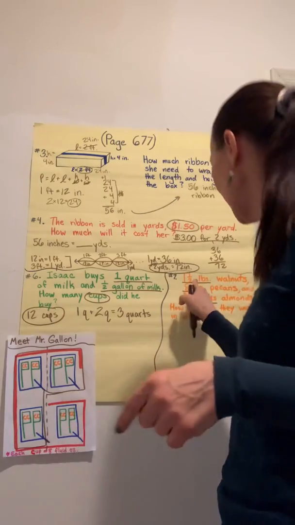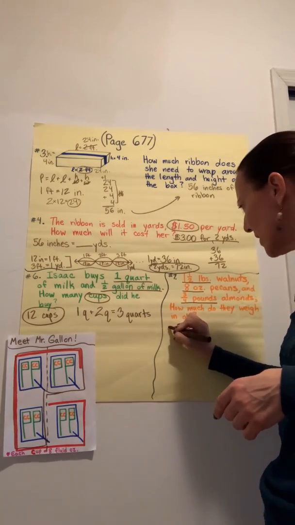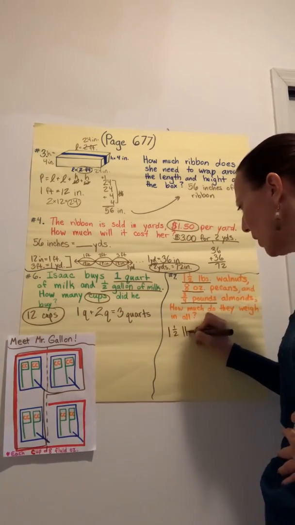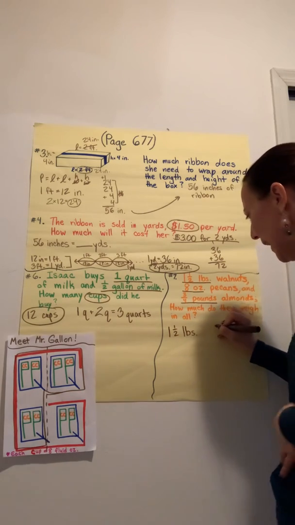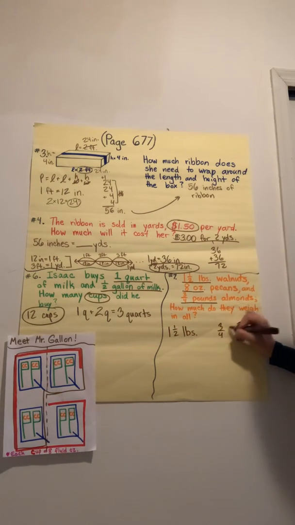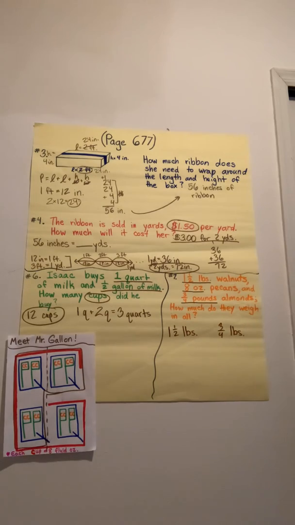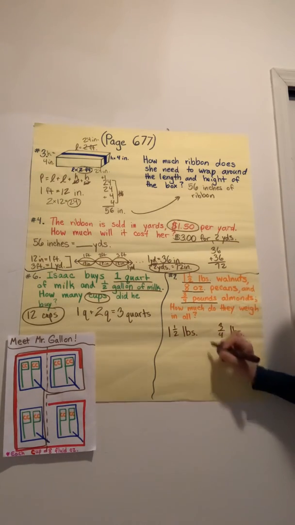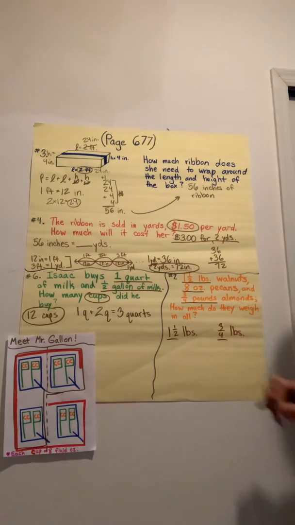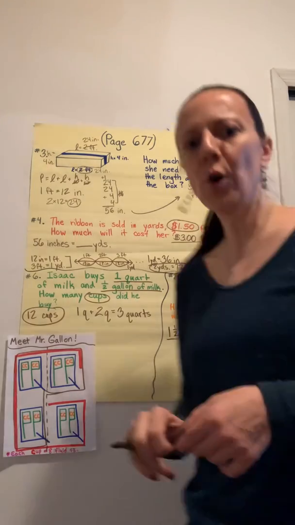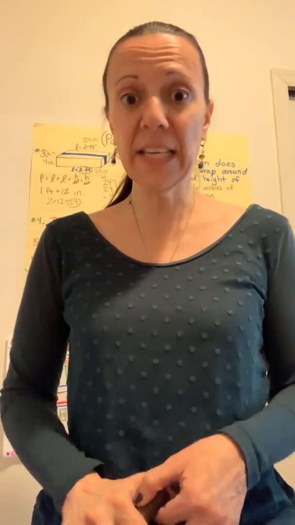So let me take a look at, I already have 8 ounces, but I need to change the 1.5 pounds, and I need to change the 3/4 pounds into ounces as well, because I already have 8 ounces. I've got to change these 2 over. So I know that 16 ounces are in a pound.